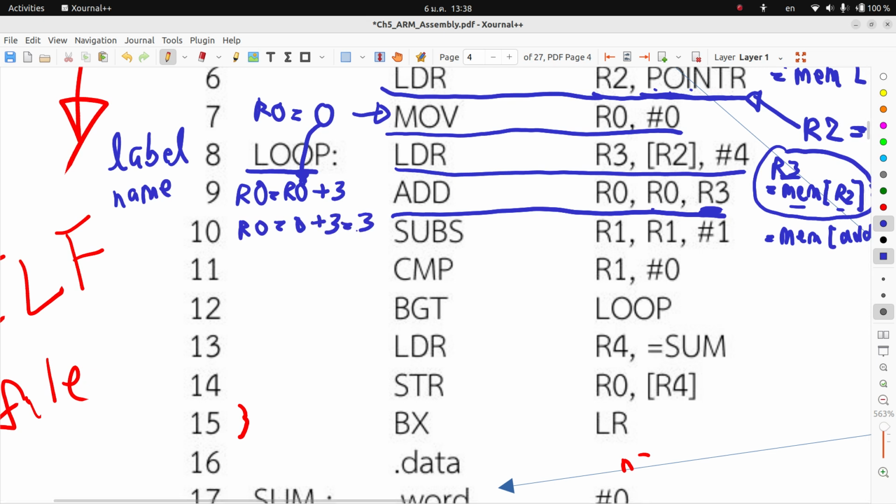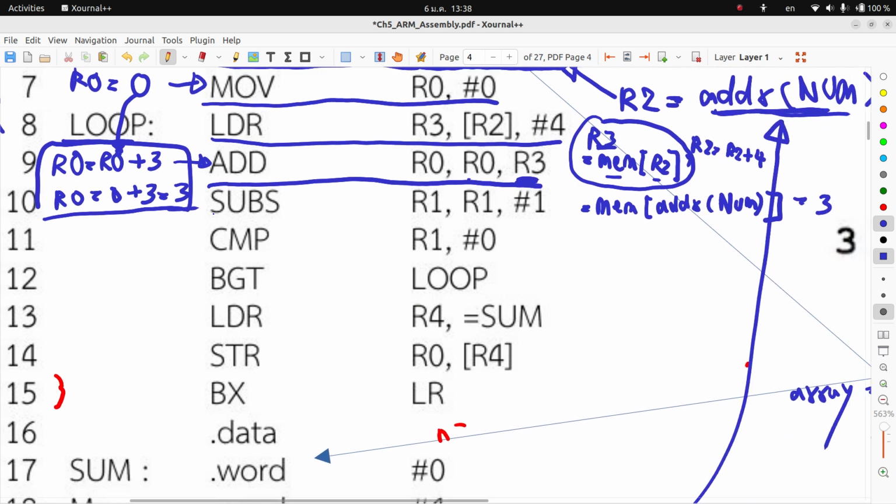So it becomes 3 now. Right? Then sub R1 with 1. What does it mean?